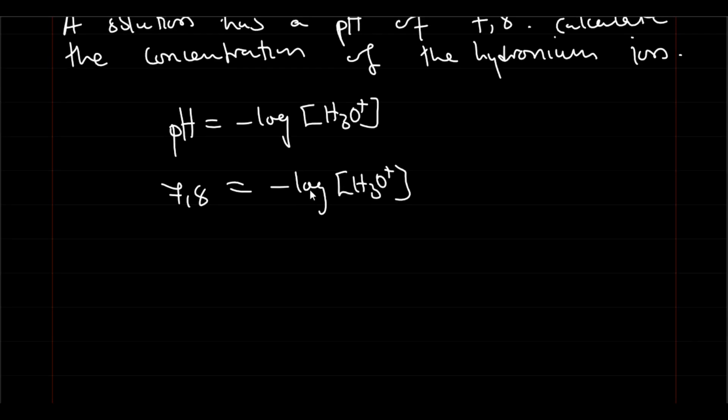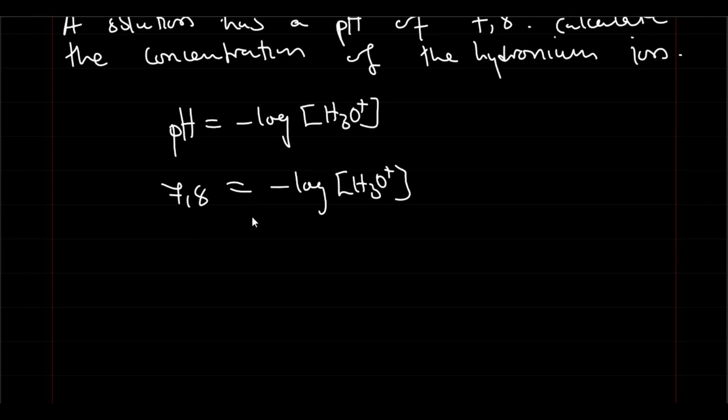Remember that this is base 10 log. So in order for us to remove a base 10 log, we must introduce a base 10, making this log of hydronium an exponent.